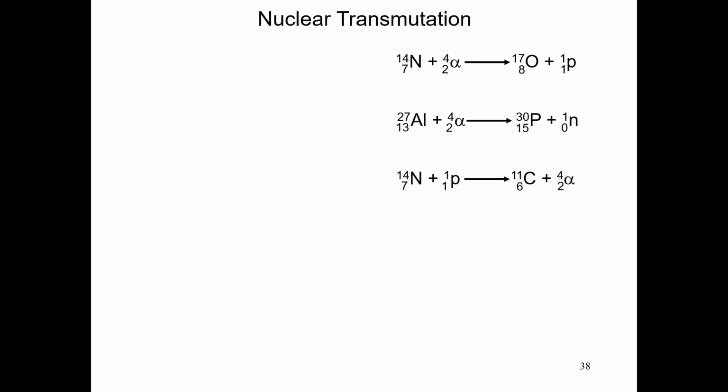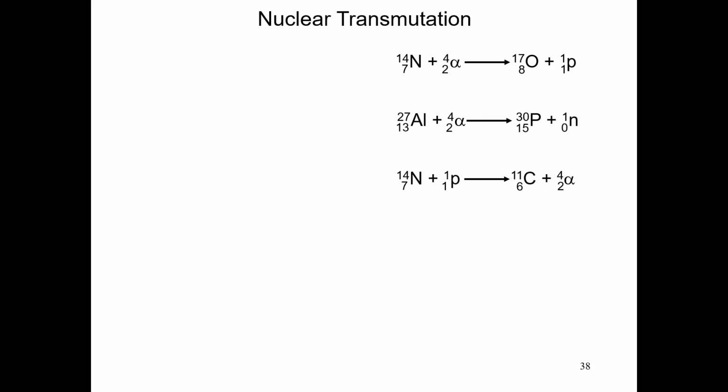Let's look at some other examples. For example, you can also convert aluminum to phosphorus-30. You can convert nitrogen itself to carbon-11. Notice that in these processes, you are essentially bombarding the target element with particles, let's say alpha particles.